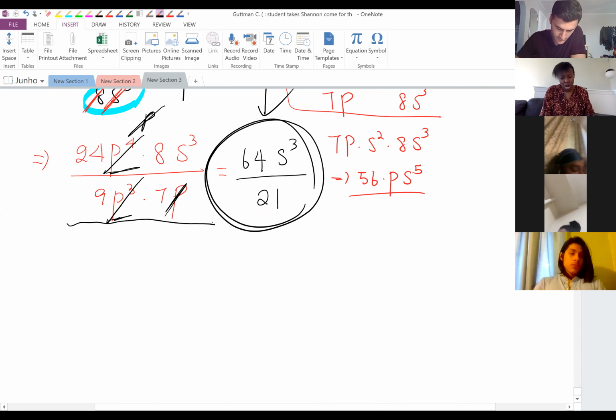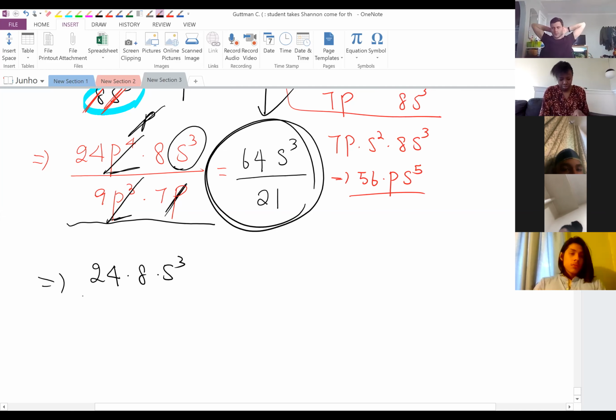There's no S factor on the denominator, so we keep S cubed. Now I can rewrite this: 24, 8, S cubed so far, and then 9 times 7.